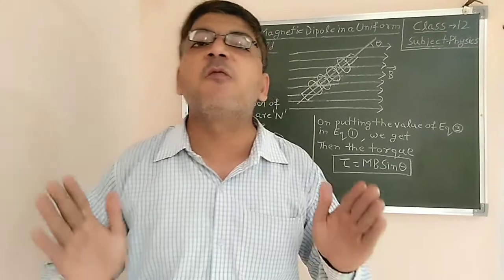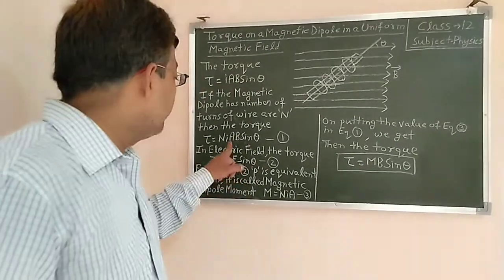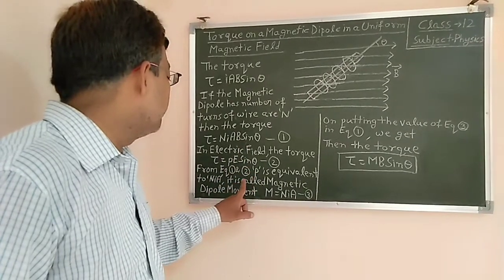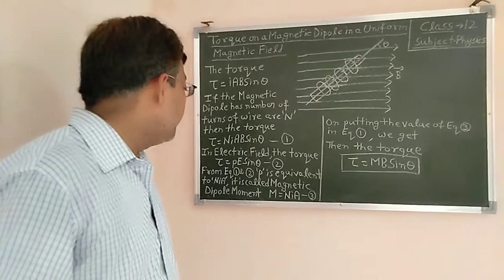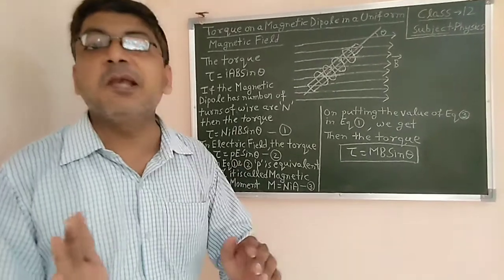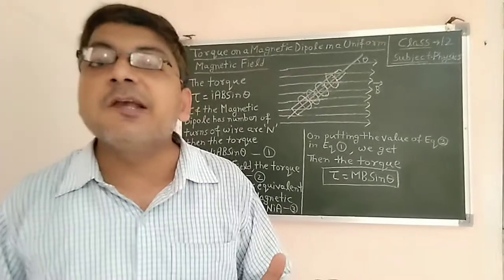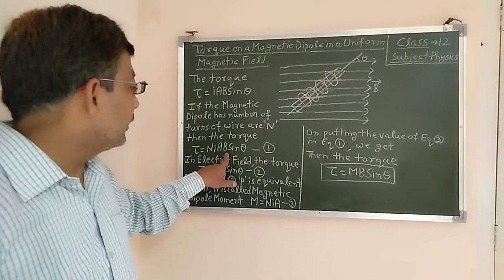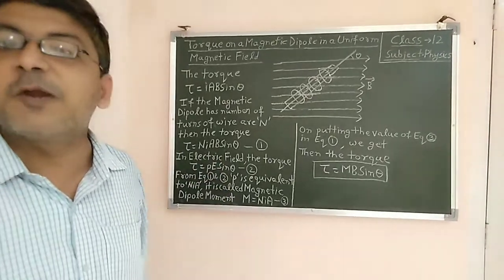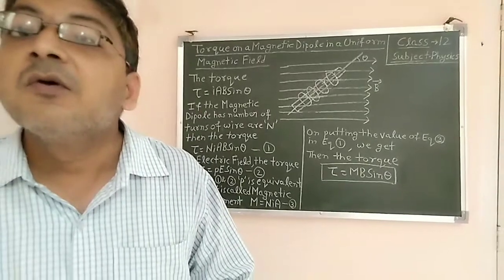From equations 1 and 2, p is equivalent to NIA.